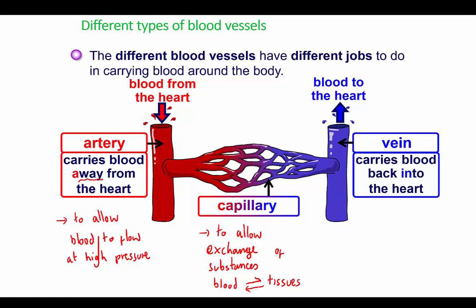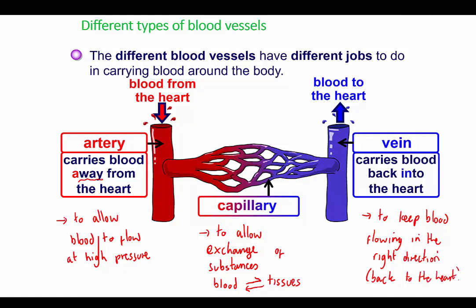The veins then, their main job is to carry blood back into the heart, and they need to be adapted to keep blood moving or flowing in the right direction, which is back to the heart.